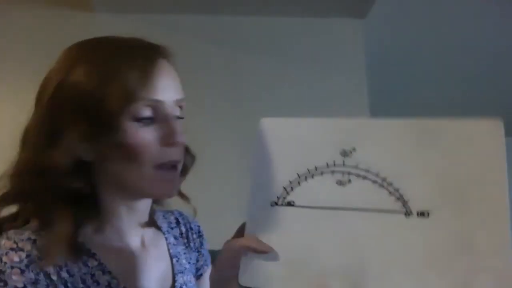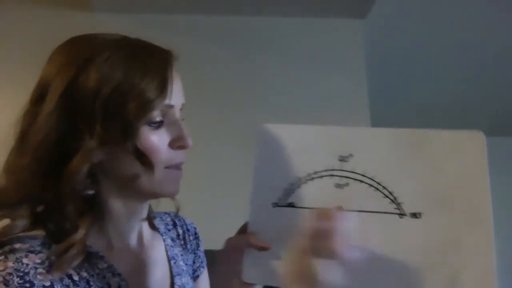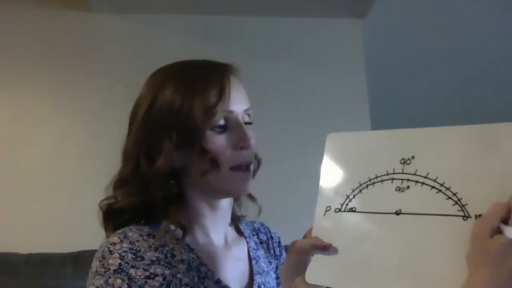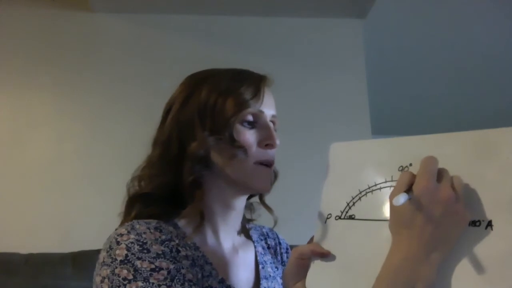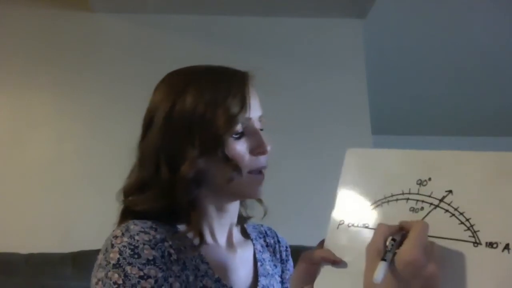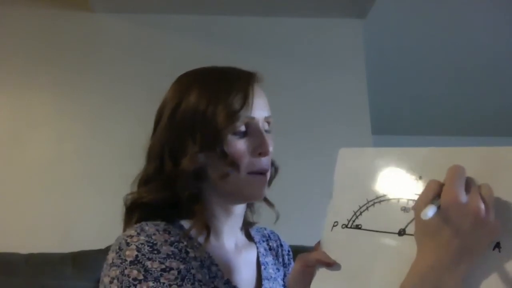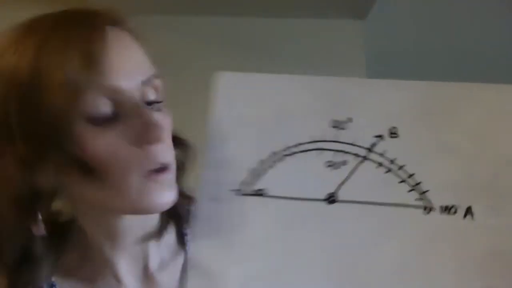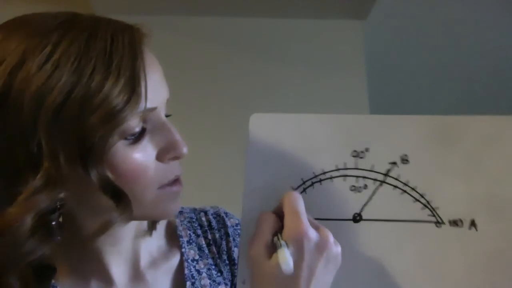If we have an angle that is measured, let me see what the measurement in the book is. So we have O, we have P, and A. And then we have a line we're going to draw here, and we're going to label this B. Now, as you can see, this forms two different angles, right?